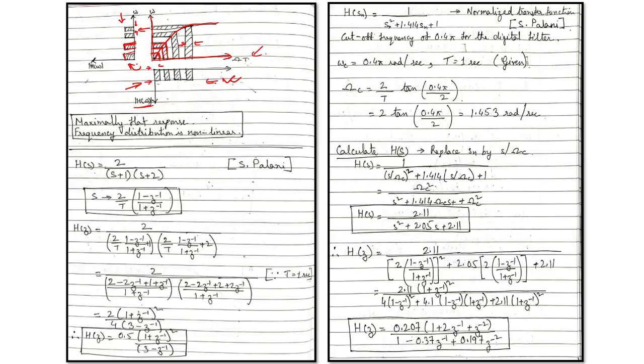Due to this non-linear relationship, many of the frequency components are compressed within a very short region, because when you are developing the digital filters, your unit circle remains the same.